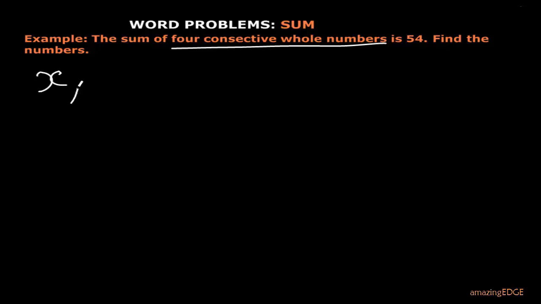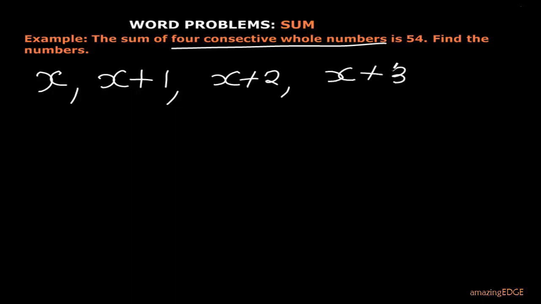To get the second whole number, you add 1 to that x. To get the third whole number, you have x plus 2. And finally, to get the fourth one, the last one, it becomes x plus 3. So these now are the 4 consecutive whole numbers.